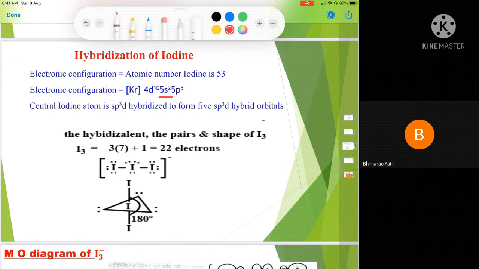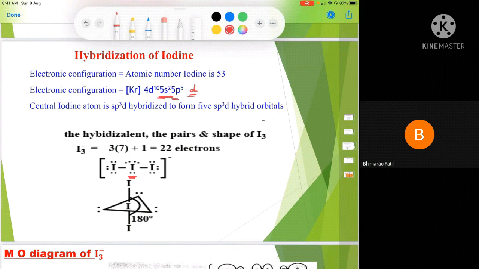Then the central atom of the triiodide ion is sp3d hybridized. Here one 5s atomic orbital combines with three 5p atomic orbitals and one d atomic orbital to form 5 sp3d hybrid orbitals.